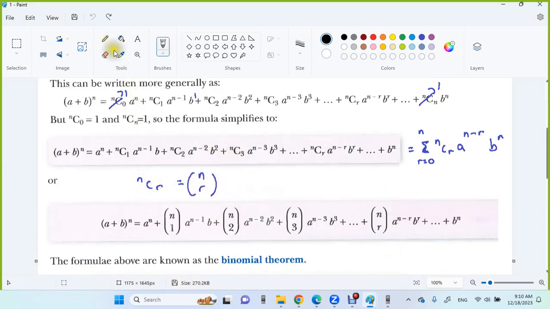For binomial expansion, we have nCr a^(n-r) b^r.